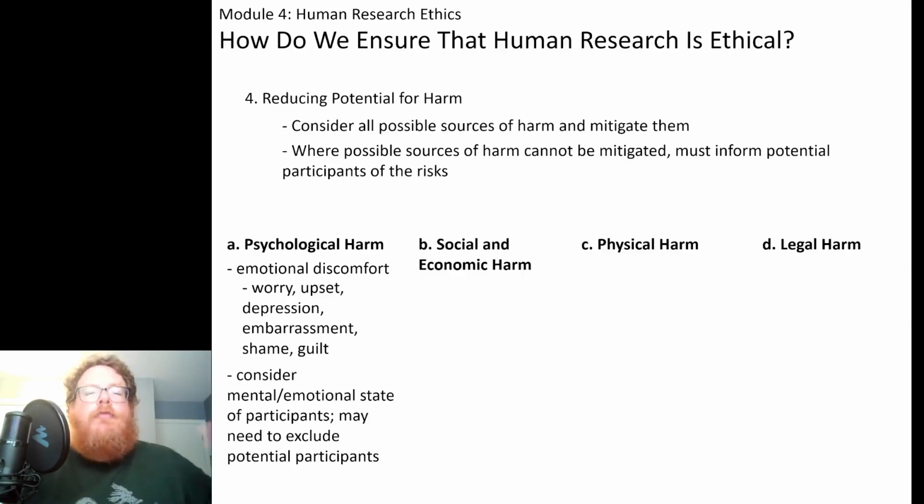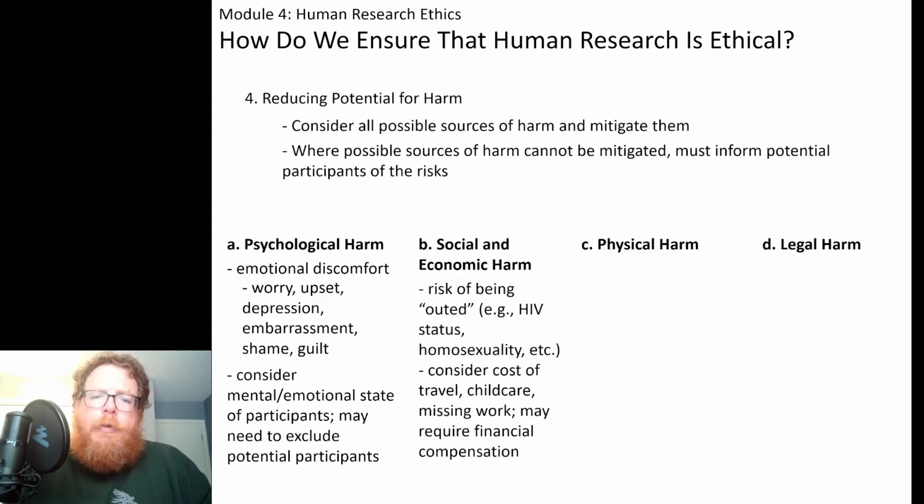You may want to therefore exclude people who have been diagnosed with depression in the past or who have a family history of depression. You may want to screen out people who are likely to experience a substantial degree of psychological harm that your study could cause. So that's what we're talking about as far as psychological harm is concerned.